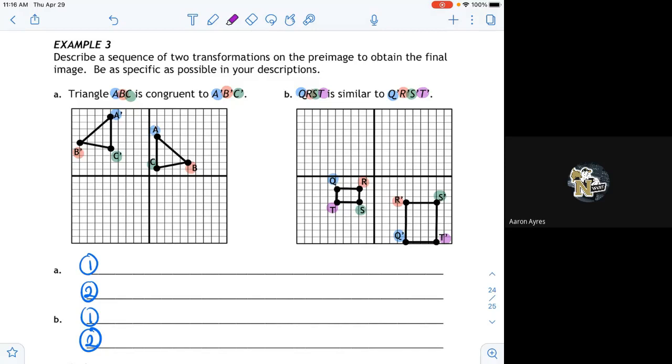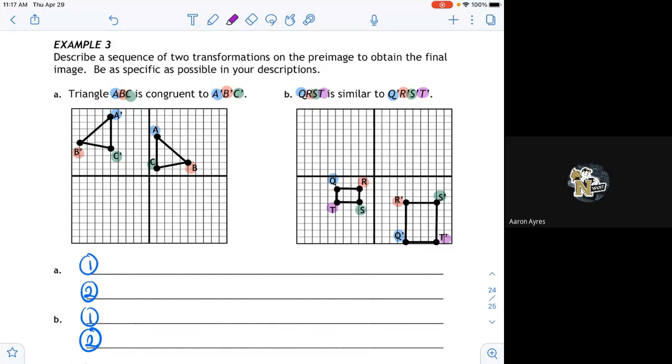Are you doing okay? Very good. The prime notation for the final image uses the apostrophes. Yes, it does matter, especially with the dilation, because it tells you what your scale factor is.